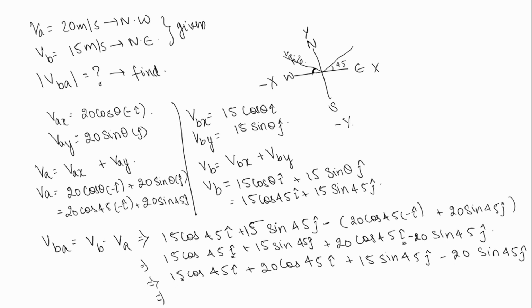So plus 15 cos 45 i cap plus 20 cos 45 i cap, that is 35 cos 45 i cap. And 15 sin 45 j cap minus 20 sin 45 j cap is minus 5 sin 45 j cap. We have 35 cos 45 i cap minus 5 sin 45 j cap.